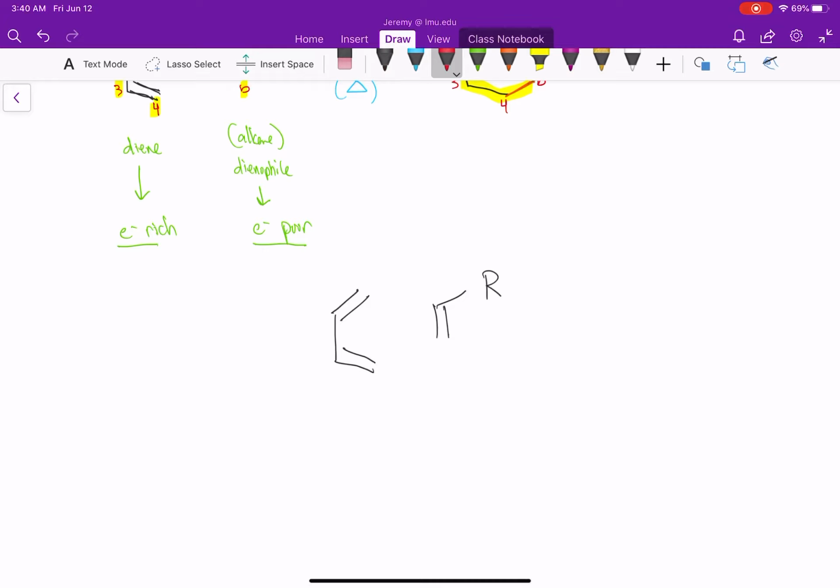Again, we will number these, carbon 1, 2, 3, and 4, A and B. To get this to work, you just heat them up. I'm going to draw the mechanism, and here's what happens. The double bond between 1 and 2 is going to form our new single bond between 1 and A. The two electrons from the pi bond between A and B are going to form our single sigma bond between B and 4.